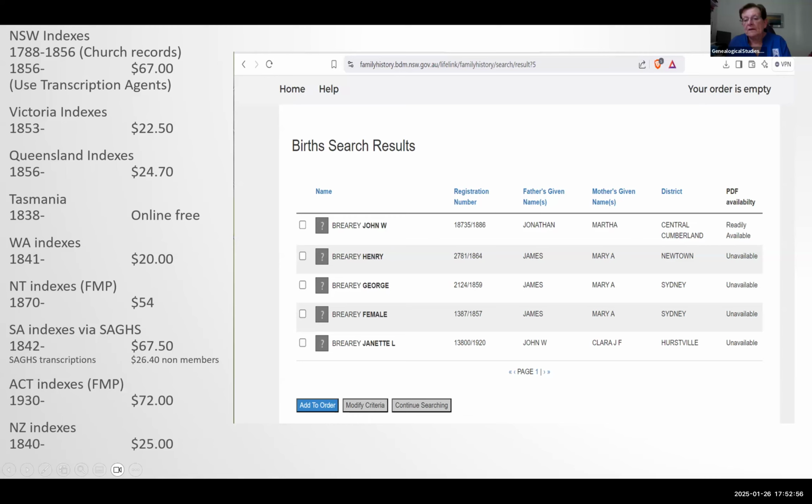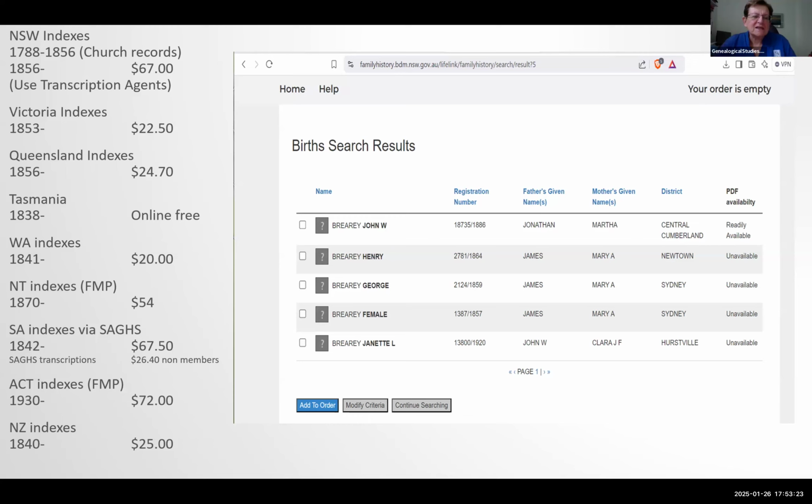It's there. The district is Central Cumberland, which is pretty much spot on. And the PDF availability, yeah, it's readily available. It's still going to cost me $67, though, to get a certificate from New South Wales. That's why we use transcription agents for New South Wales.